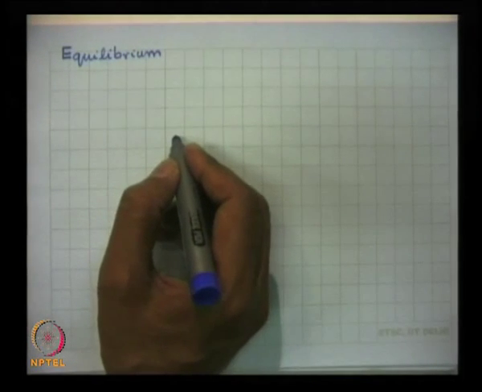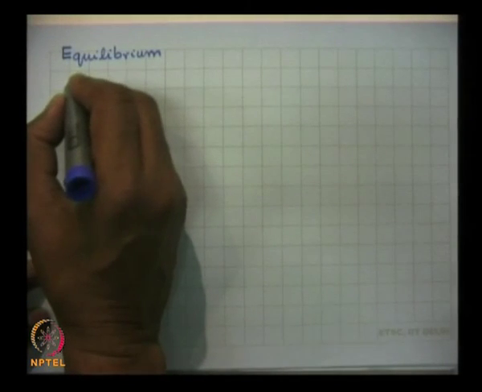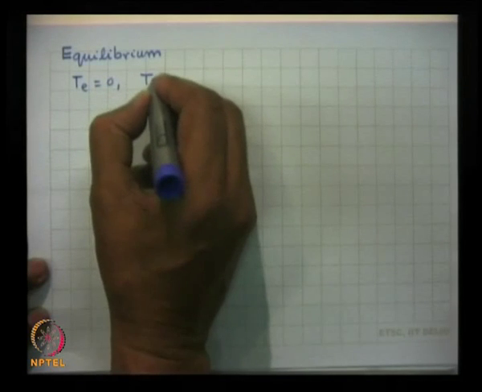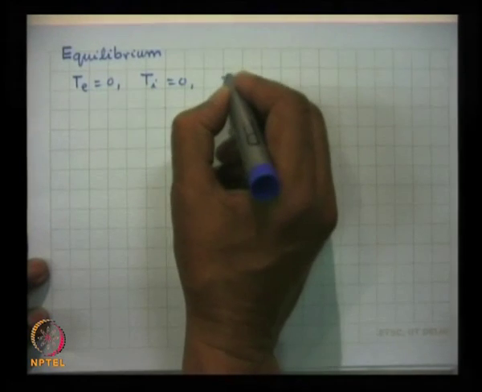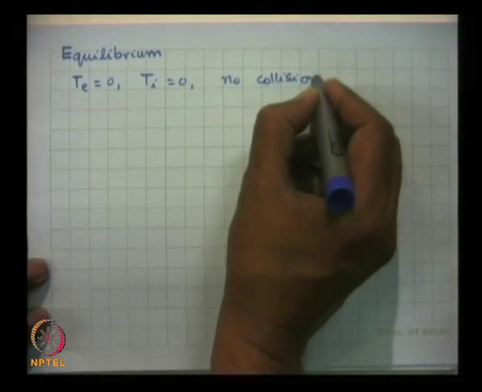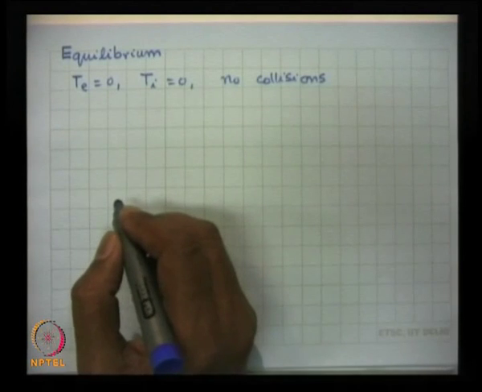For the sake of simplicity, I will consider the plasma to be having no temperature. So, electron temperature is not there, ion temperature is not there, no collisions. I will not consider any collisional effects, to be simple.